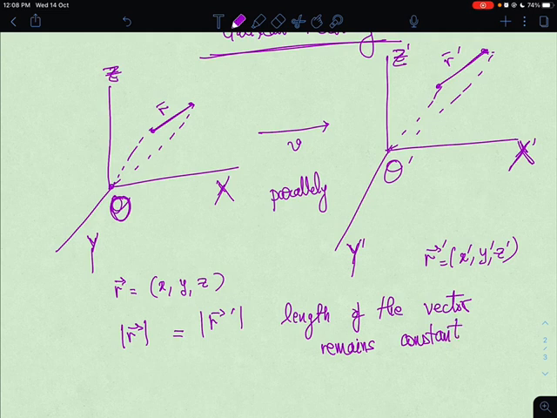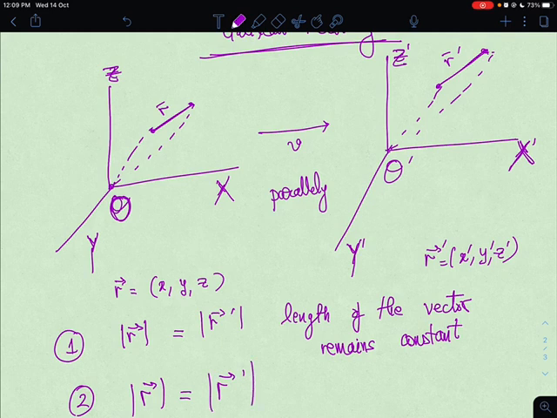I am not repeating the Galilean transformations; I am assuming all of you know these things. But you can put in the Galilean transformations and you'll see a couple of consequences. One, the length of the vector remains constant. Second, you don't have to do only parallel transport, you can also do rotations about a point. Even then, the length of a vector remains constant.